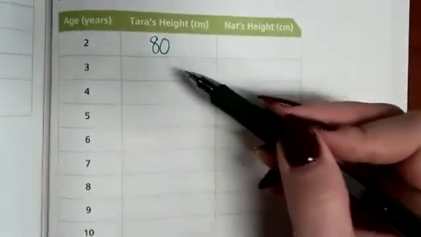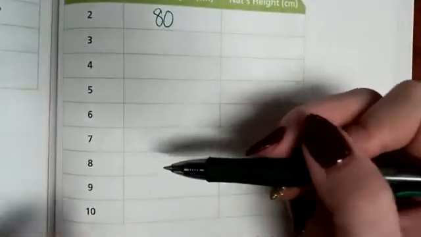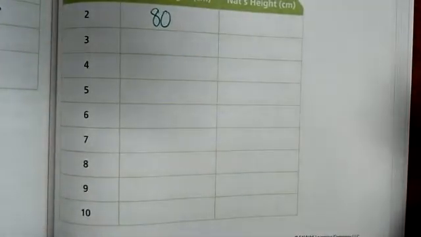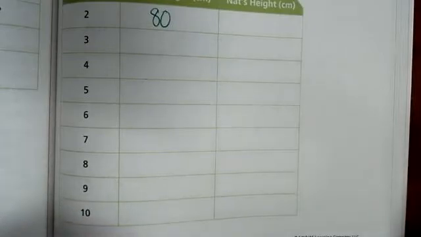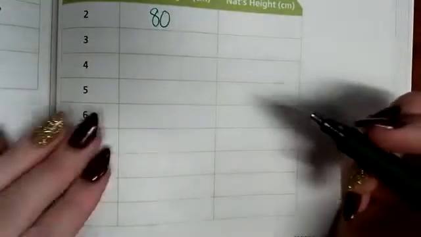Now I'm going to continue on from there all the way up to age 10. The only thing they told me was it has to be a steady growth, so I'm just going to make something up. Let's say she grows 5 centimeters each year. That would be a steady growth because each time she's growing about the same amount, right?